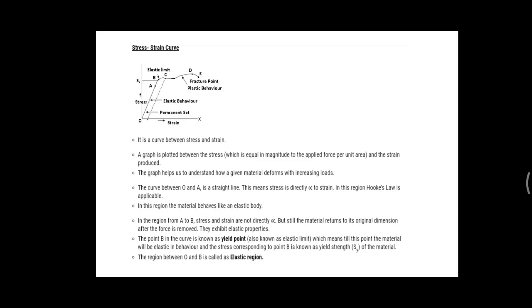From A to B, if you observe, even for a small change in the stress, there will be a sudden increase in the strain value. Here the stress and strain are not linear. This region is not obeying Hooke's law, and even when increasing the stress by a small value, the increase in the strain is very large.